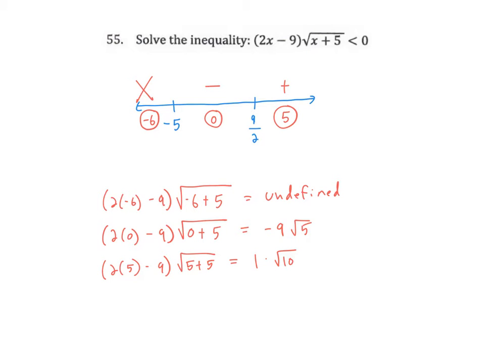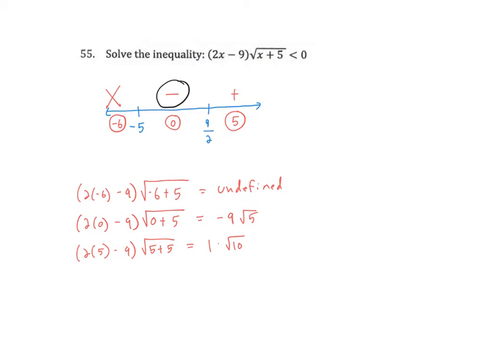When they say solve the inequality and they have less than 0, solving this inequality is figuring out what values of x we can plug into this expression to make it less than 0, or negative. You can see that this is the only region where plugging in these values of x will make the expression negative.